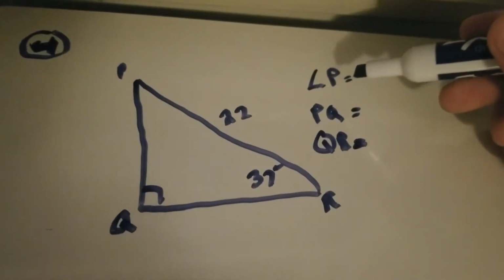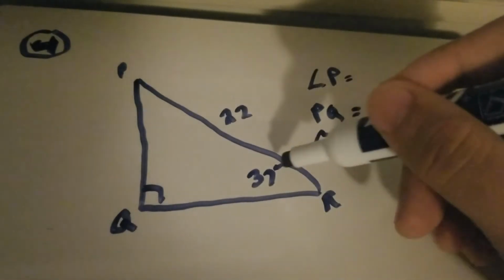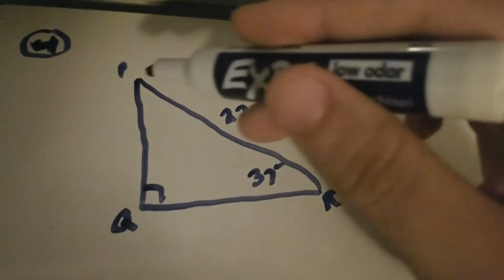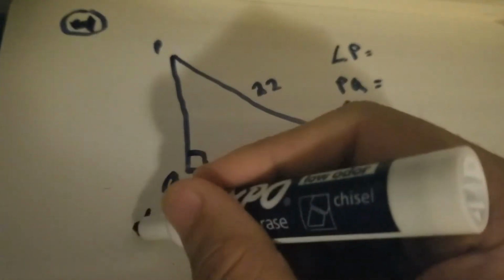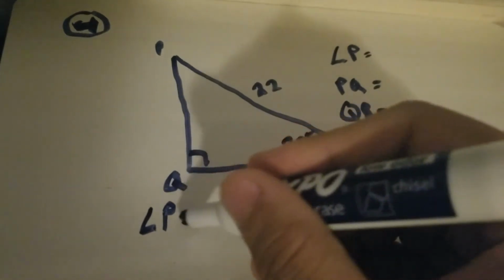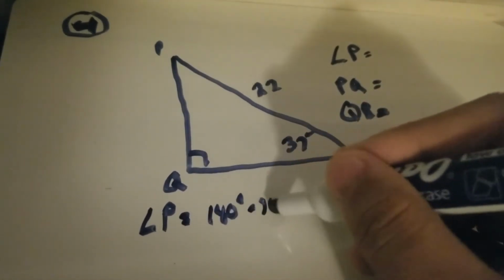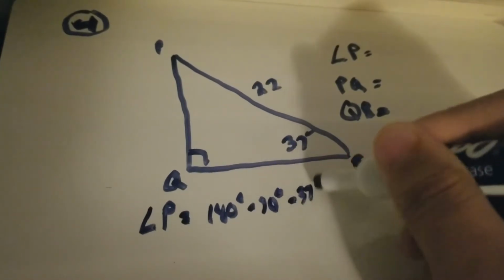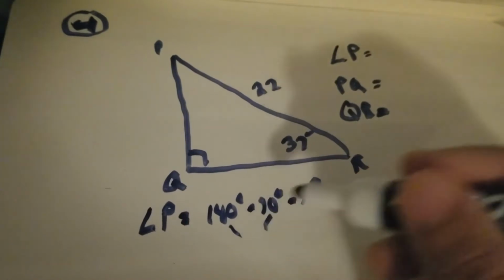Angle P seems to be very easy in this one. So angle P is going to be simply take this 37 degrees and bring it over, minus 180. So this is for angle P. That's going to equal 180 degrees minus the 90 degrees minus the 37 degrees. Now I want to point something out that a lot of people notice.